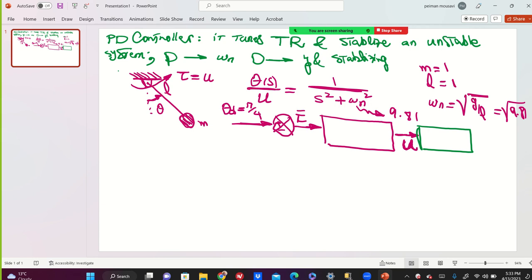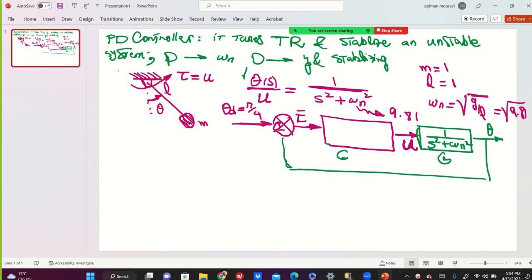Theta over U, 1 over S square plus omega n square, is the open loop transfer function. This is your G, and this is the controller, remember? And this gives the real theta. Through the ideal sensor, this is being fed back to be compared with the desirable angle that you want to keep, and this gives you the error signal. So the error signal is theta d minus real theta. Obviously, here is plus, here is minus.